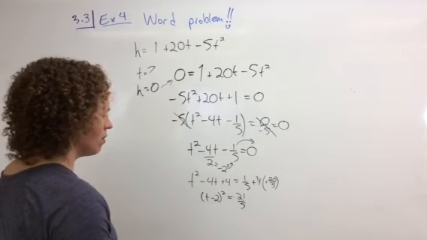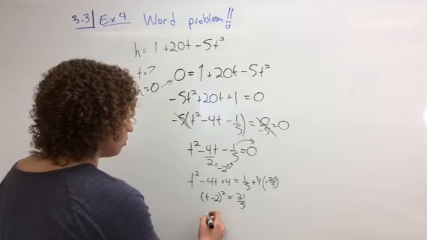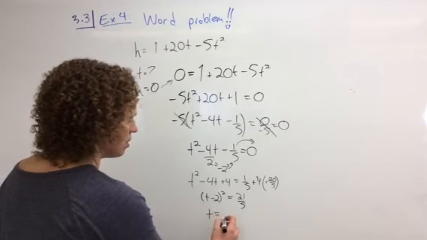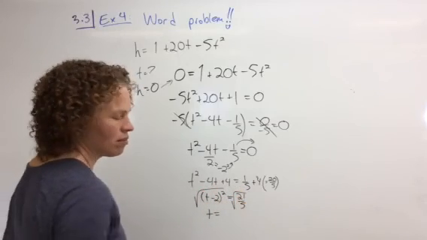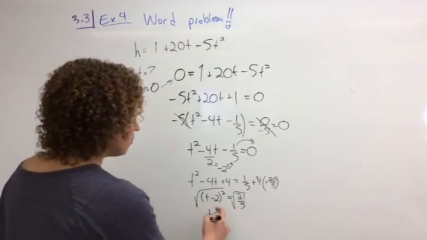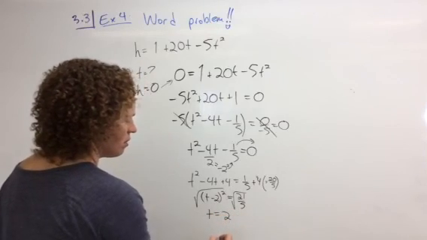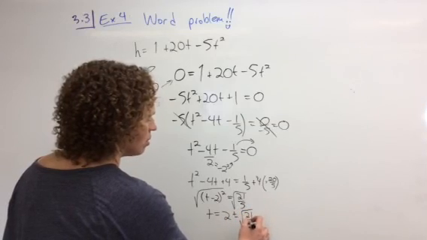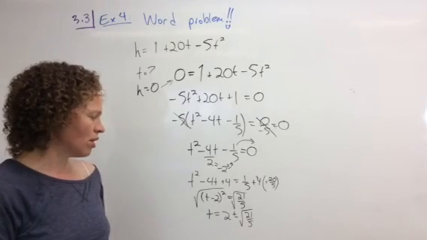So I take the square root of each side, I move things around, and I should be able to just write this as t equals, take the square roots. This was a negative 2, so it's going to be a positive 2 on this side, plus or minus the square root of 21/5. Neither of those have a factor that's a perfect square, so you're done.